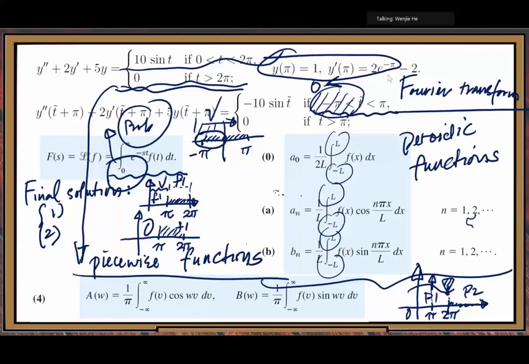If we get a correct solution, all different ways should give us the same solution, right? Maybe the formulas look different, but the function values should be the same.